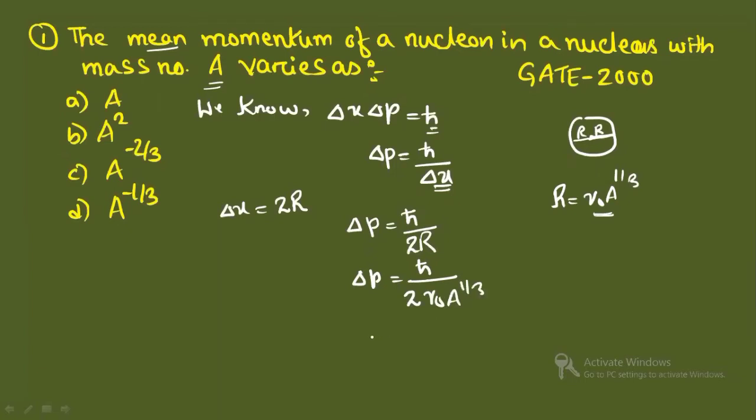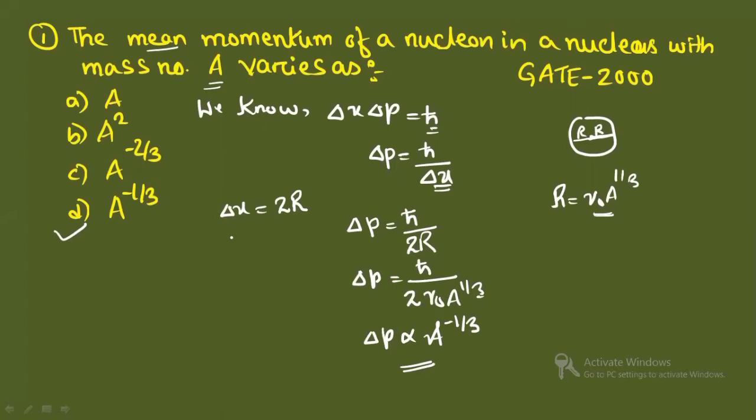Now the mean momentum, delta p, is proportional to A to the power minus 1 by 3, right? So your answer is option D. The mean momentum of a nucleon in a nucleus whose mass number is A varies as A to the power minus 1 by 3.